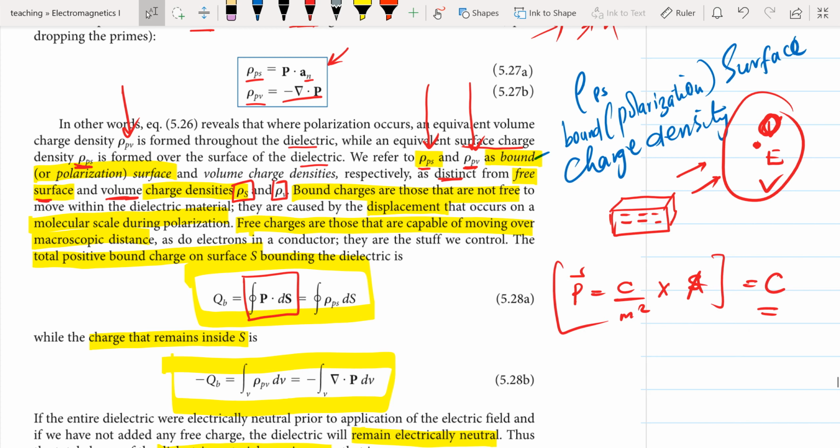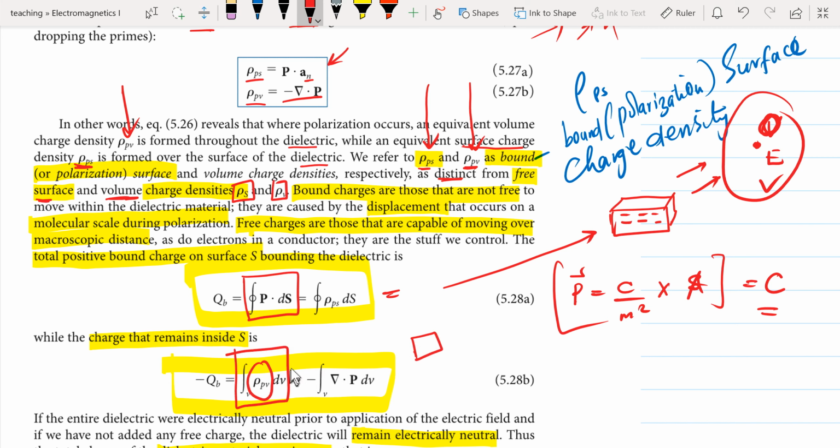So similarly, this is the charge on the surface of our polarized dielectric. But inside, again, there is volume charge density. Therefore, if you multiply the bound volume charge density with the volume, then you, of course, get the charge. That's a fact.